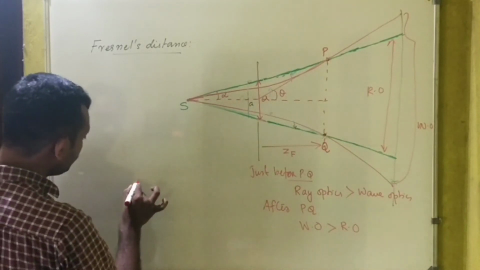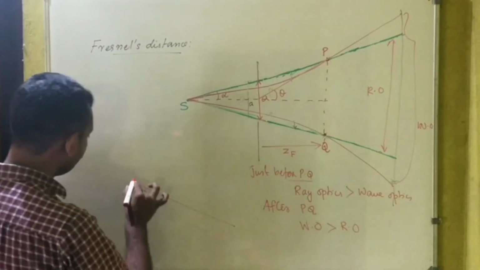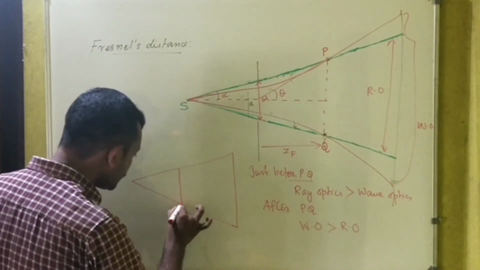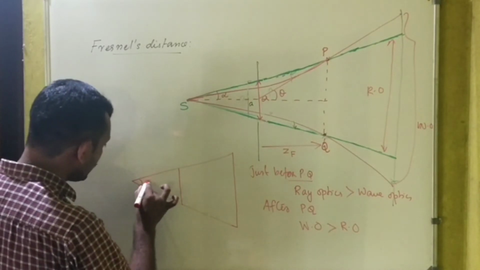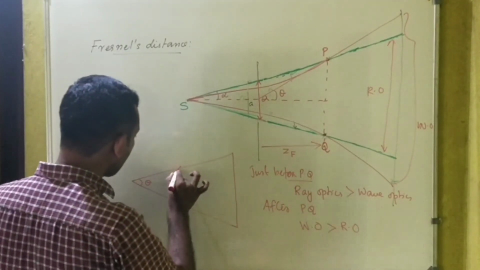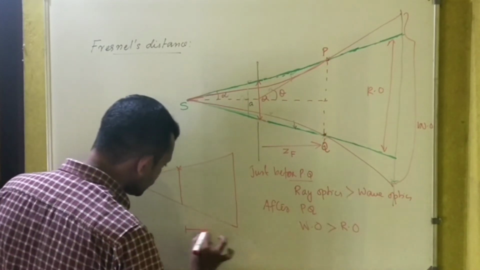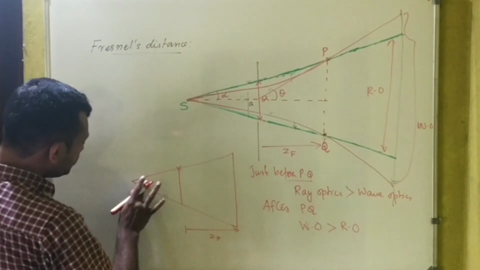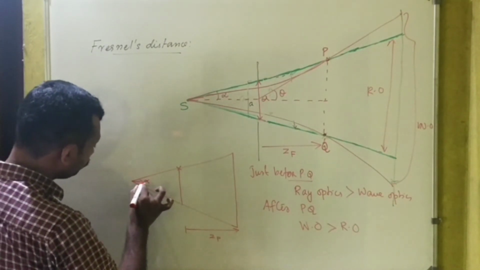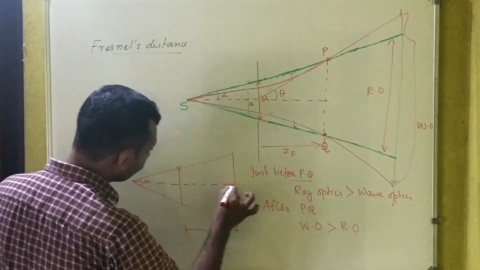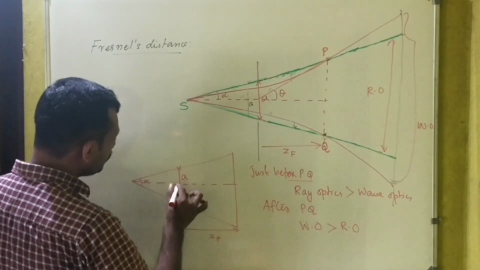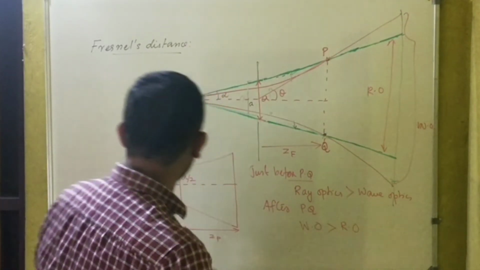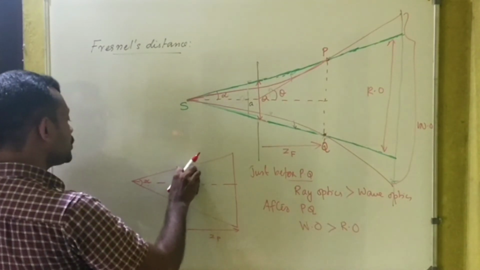Now let me take these two triangles separately. This width is A, this angle is theta, and the distance is ZF. This angle is alpha. If this side is A, or this much is A by 2, you have studied the basic proportionality theorem related to similarities.